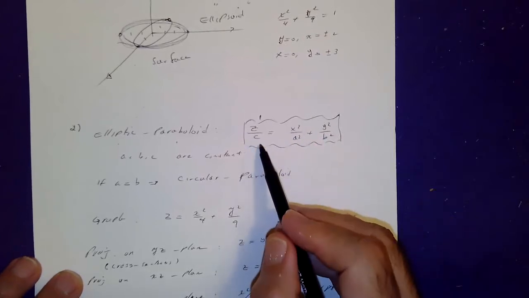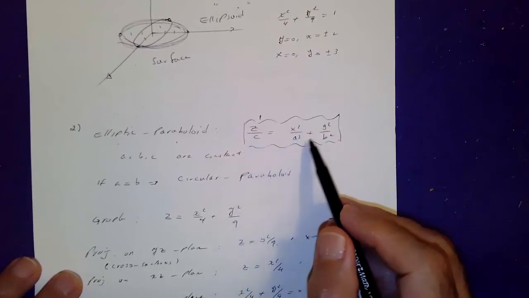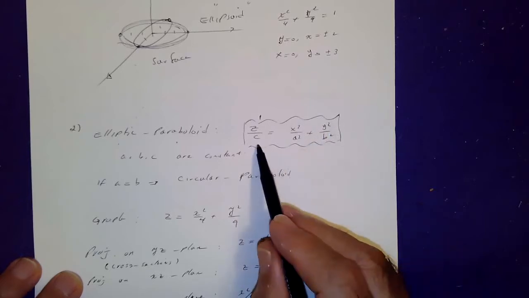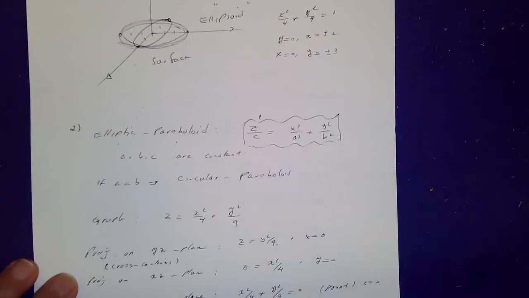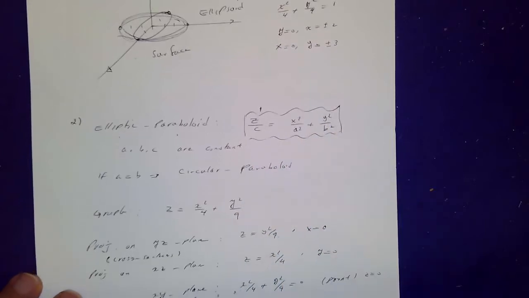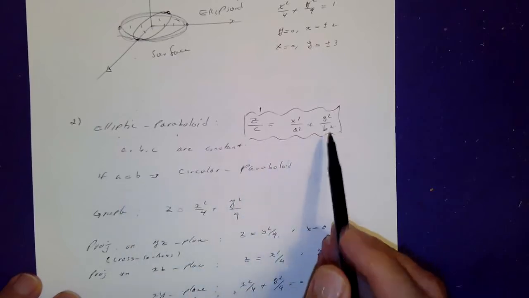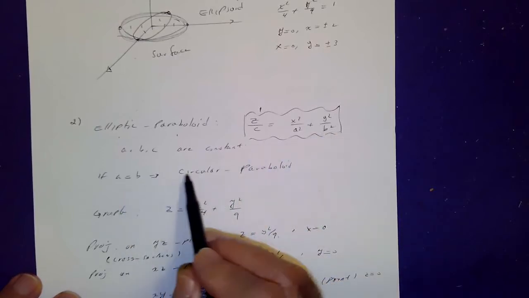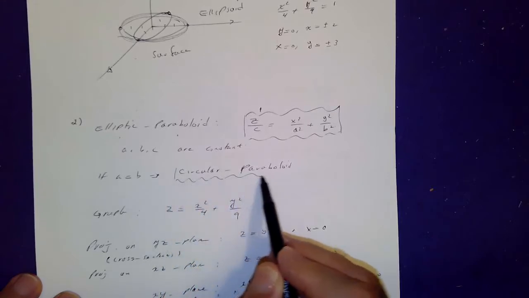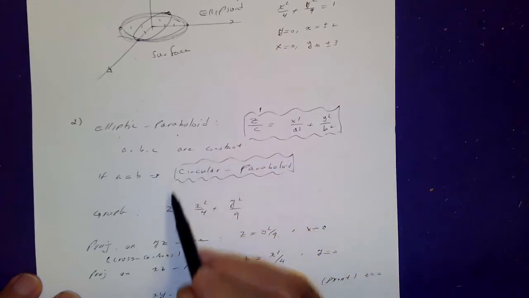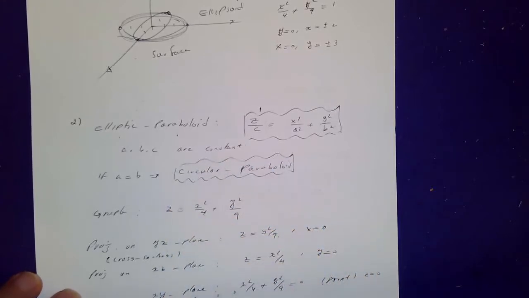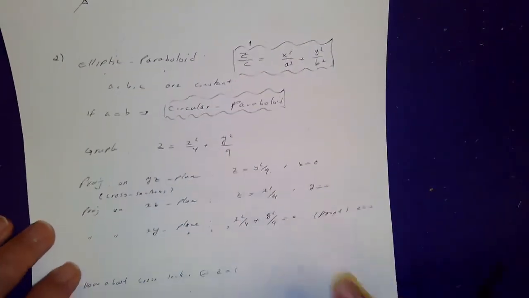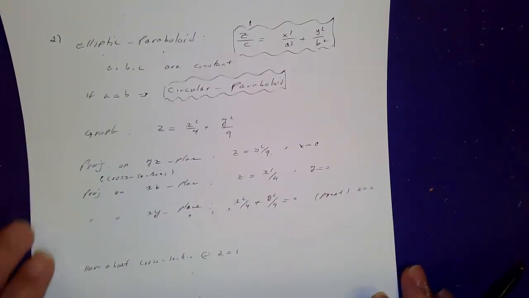Like in this case, z equals, let's say, x squared plus y squared, and the denominators, of course, have to be positive constants. If a is the same as b, then this elliptic paraboloid might be called a circular paraboloid. Let's just do a problem so you guys can see how this works.